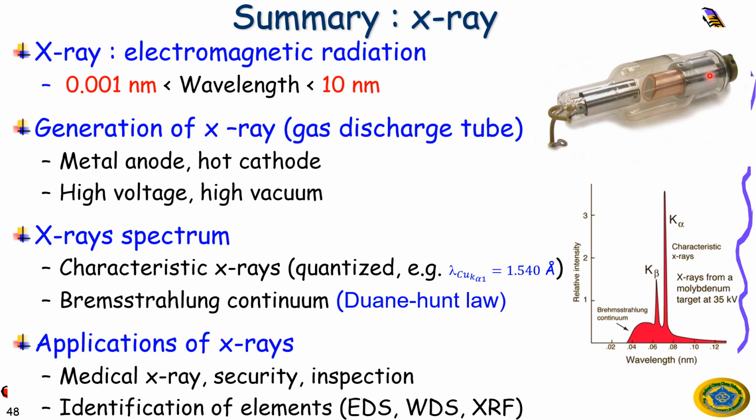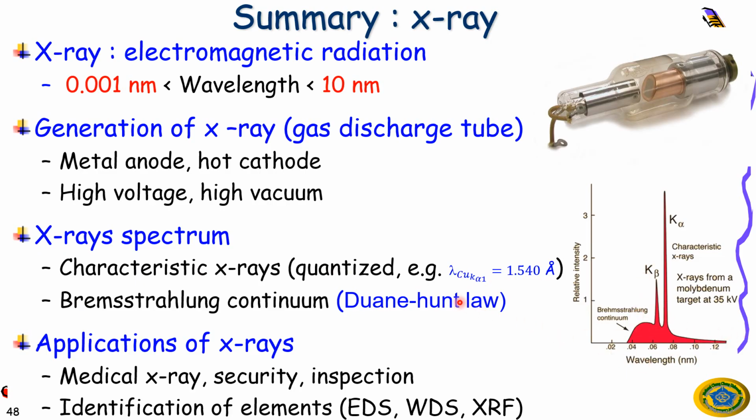So this is the generation of the X-ray, and after we generate X-ray, we will get an X-ray spectrum. The X-ray spectrum looks like this, containing two parts. The first part is called characteristic X-ray. That's what we already learned, right? K alpha, K beta, and L alpha, L beta is somewhere around here. So all the metals have different peaks in this range.